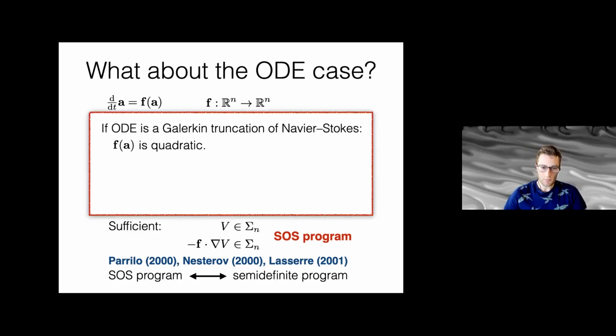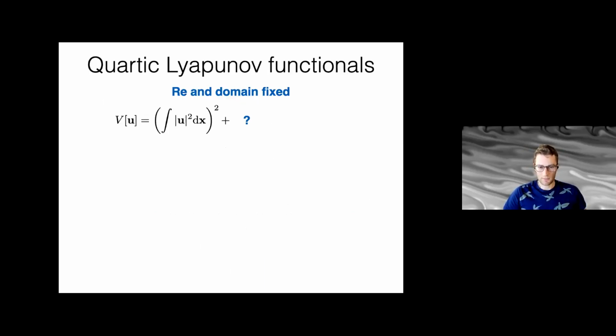In particular, the second simplest thing one could do is look for a quartic Lyapunov functional. And I'm going to constrain the leading term to be the energy squared. This is for the same reason that when you have a quadratic functional, you can only use the energy. Right? Well, you can't have constant and linear terms because V has to have a minimum at 0.